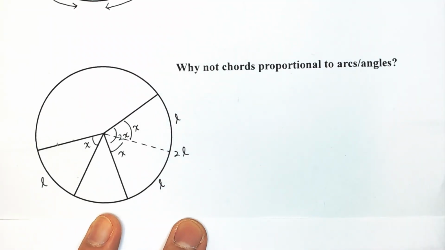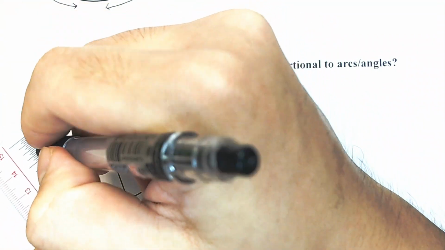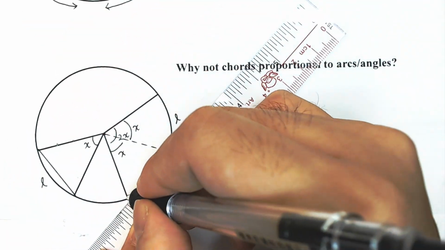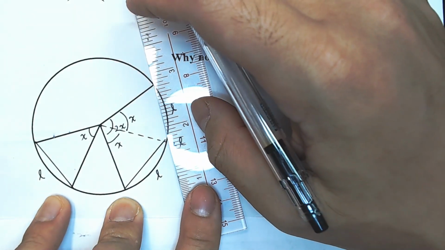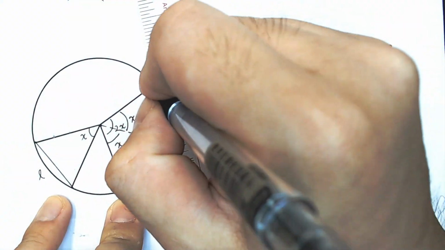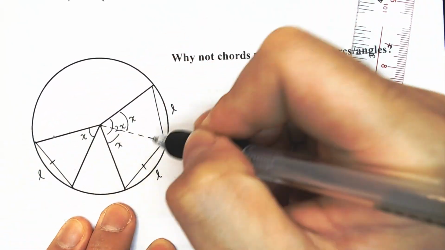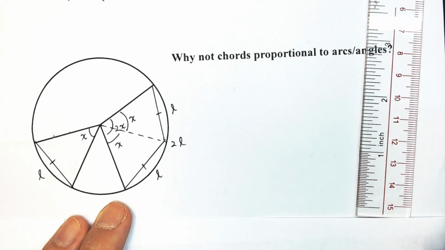And based on equal angles, equal arcs, equal chords, we should have the three portions here. 1, 2, and 3. Okay, the length of these three parts or three chords should be the same, right?